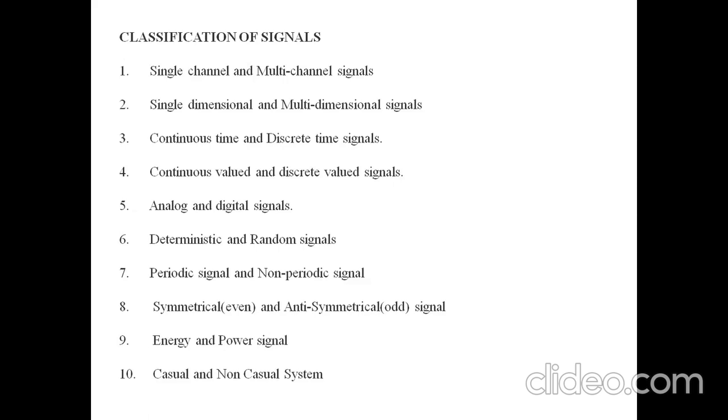Seventh, periodic and non-periodic. Eighth, symmetrical and asymmetrical. Then energy and power, and last is causal, non-causal and anti-causal signals. Now we go through it one by one. We understand the definition and their examples one by one.